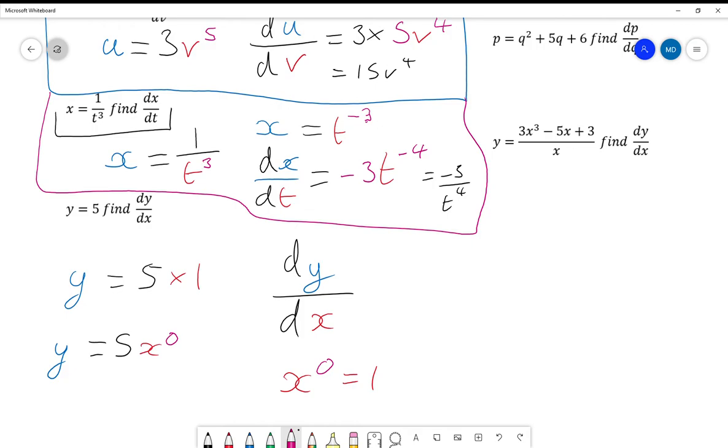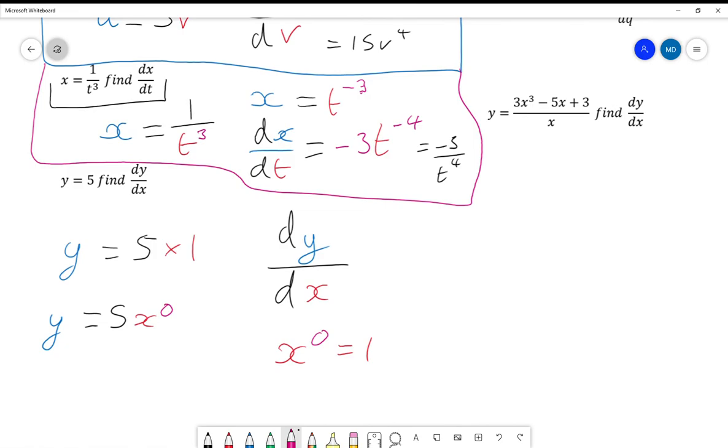Now what am I going to do? Well, I'm going to do exactly the same thing. dy by dx is therefore going to be 5 multiplied by 0 x to the power of negative 1. But I'm multiplying by 0, so in fact dy by dx equals 0. And now you can do this every time. You can think of it as to the power of 0 every time.